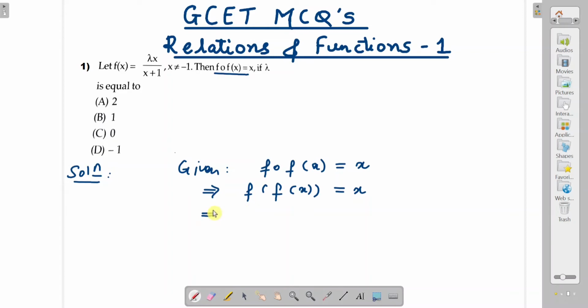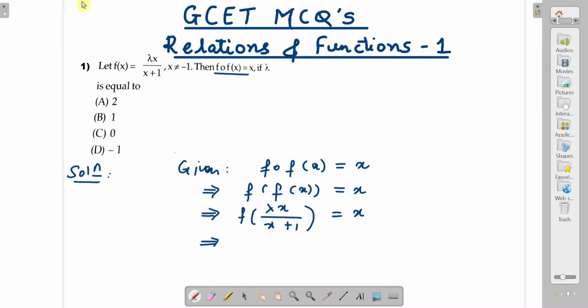So what we will get, f of x is λx/(x+1). So here you will get λx/(x+1), and that is equal to x. So this will imply what? Now f of λx/(x+1). Now this is your new x.